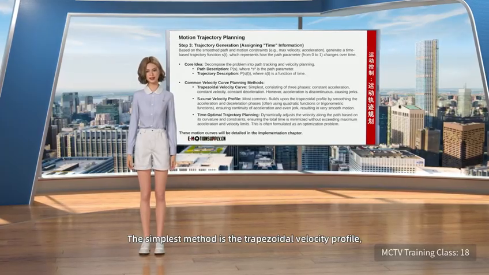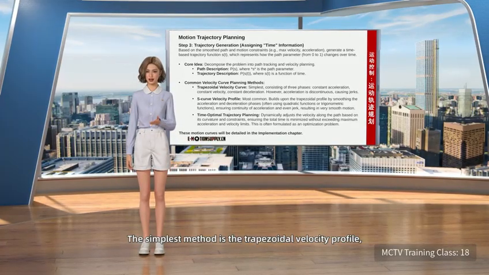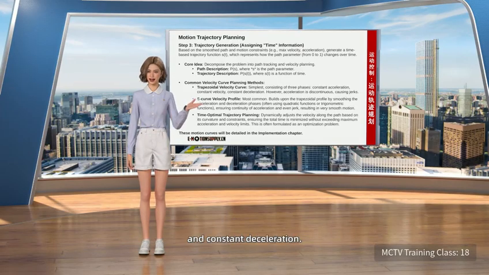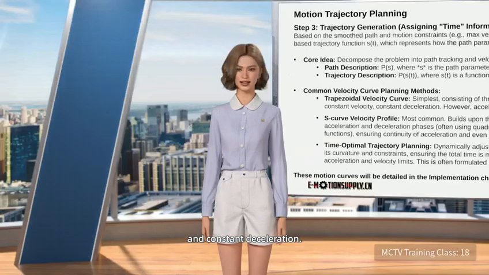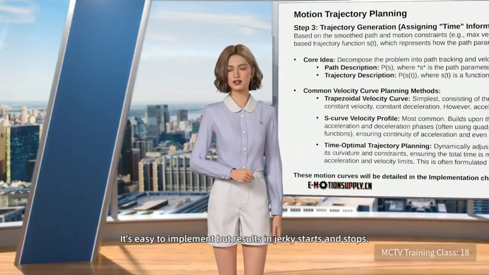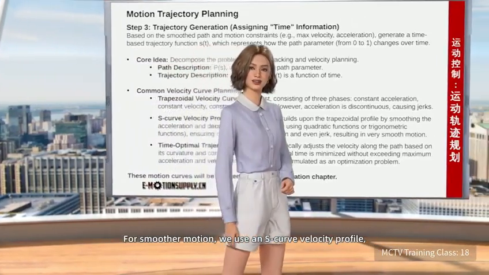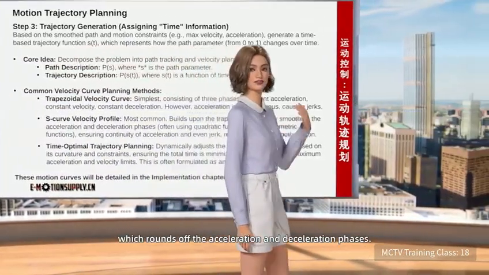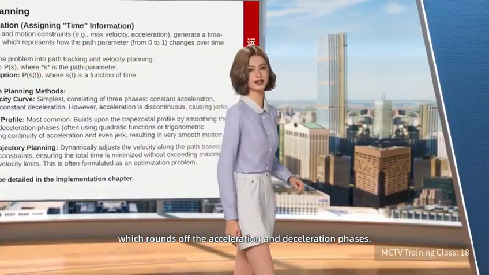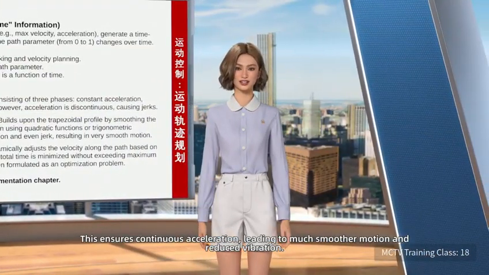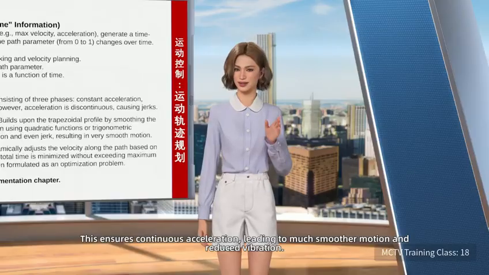The simplest method is the trapezoidal velocity profile, which consists of constant acceleration, constant velocity, and constant deceleration. It's easy to implement but results in jerky starts and stops. For smoother motion, we use an S-curve velocity profile, which rounds off the acceleration and deceleration phases. This ensures continuous acceleration, leading to much smoother motion and reduced vibration.